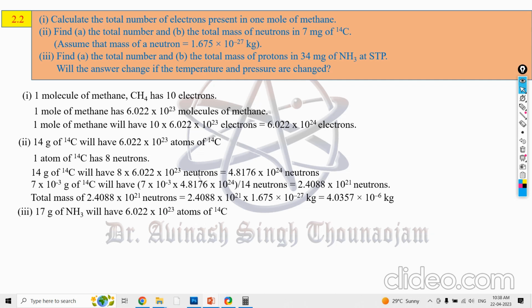This is wrong here, so this should not be carbon 14. This should be 16 grams of ammonia.